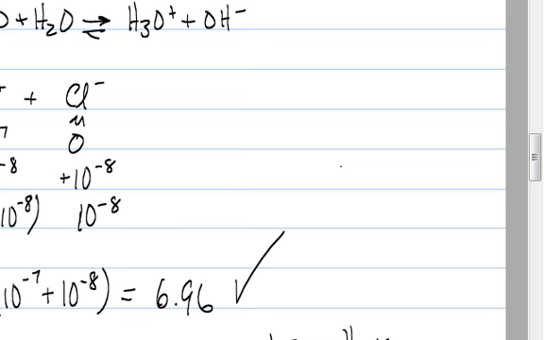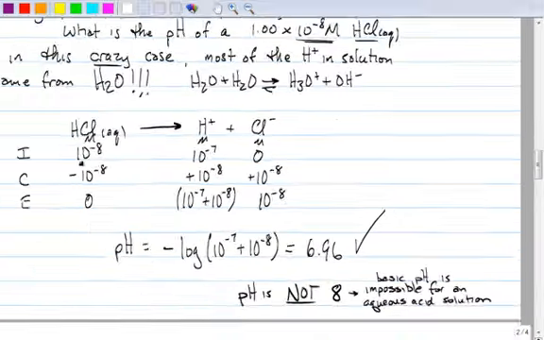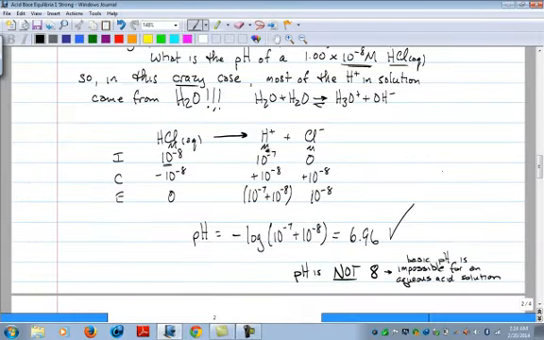It's a strong acid, so it 100% ionizes. But here, this number is so incredibly small that the initial amount of H plus in solution is actually 10 times greater just from water, just from the autoionization of water, and there's no chloride yet.